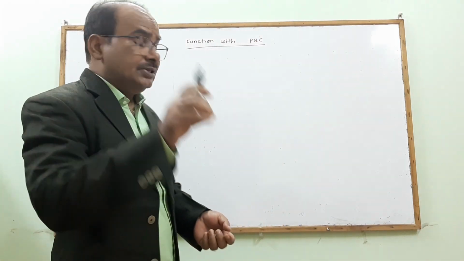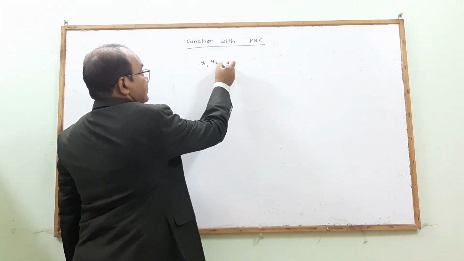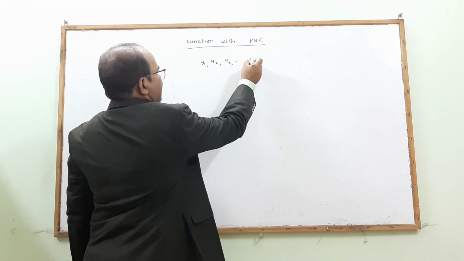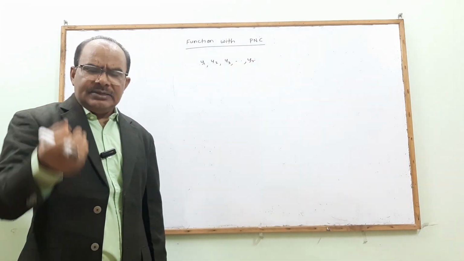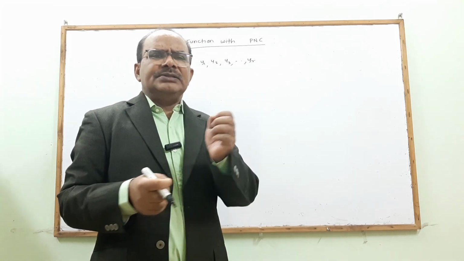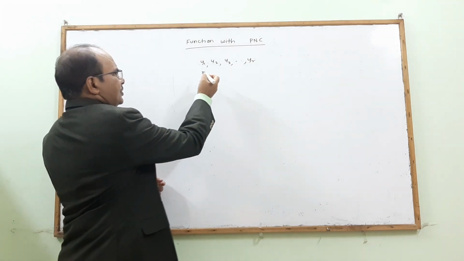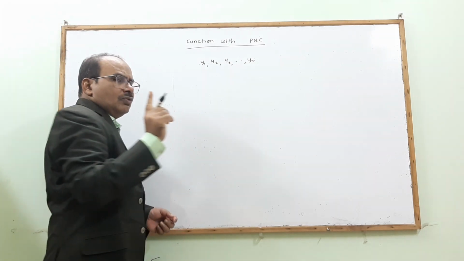Just see, if we are taking y1, y2, y3, yr as elements, and someone says arrange this in ascending order, then in ascending order there is only one possibility.